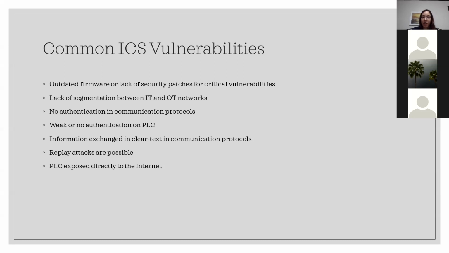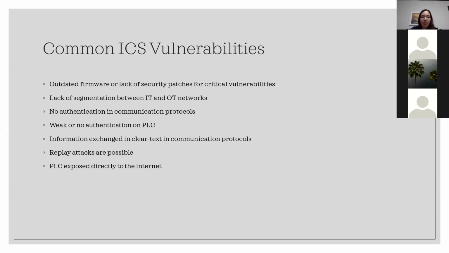IT and OT networks not being segmented properly, that's a huge one. That one leads to compromise a lot. If it's either not there or it's just not segmented properly, that can easily result in your OT network getting compromised, and then your PLC being taken over, an attacker shutting things down or doing whatever they want.